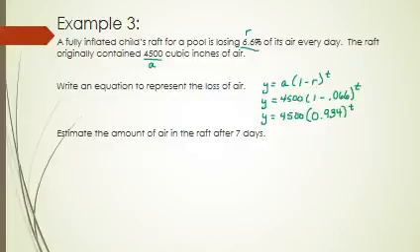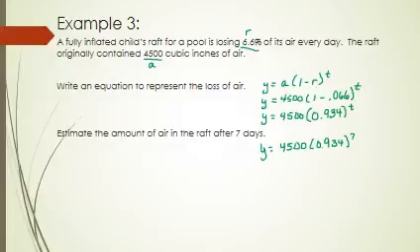So now the next question is saying estimate the amount of air in the raft after 7 days. So we're going to take that formula, and for t we're going to put 7. Now this is all calculator work right here. Put in your calculator 0.934, raise it to the 7th power, leave that number in your calculator, don't write it down, and then multiply it by the 4,500.